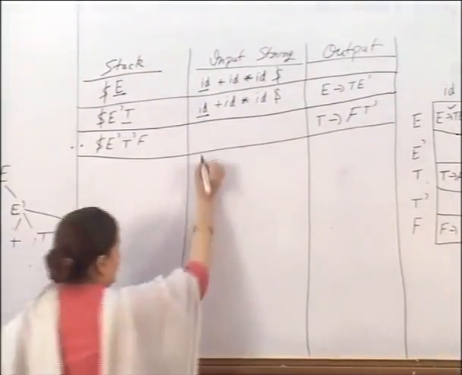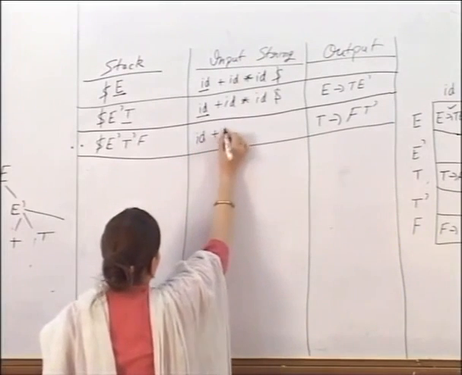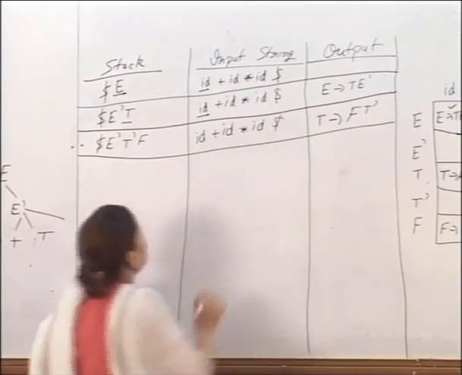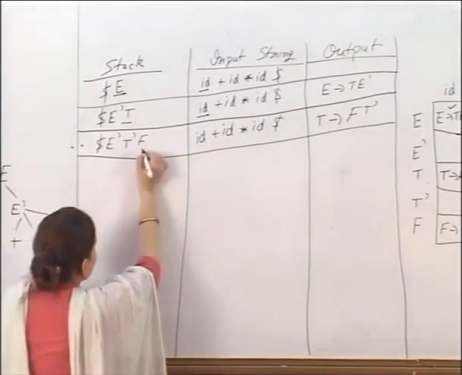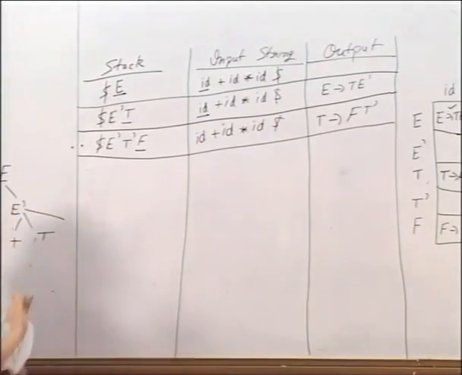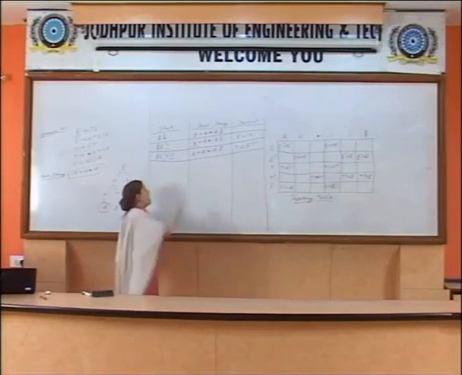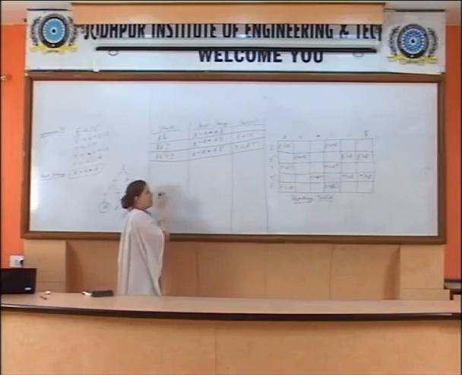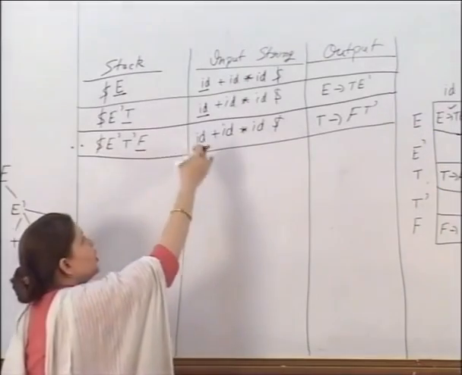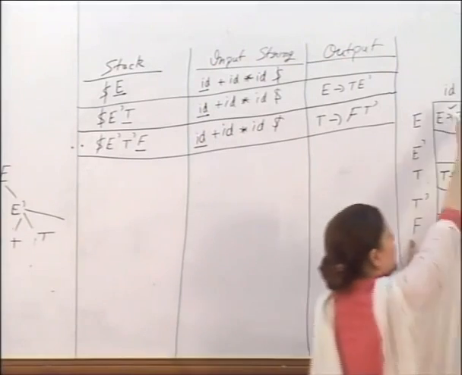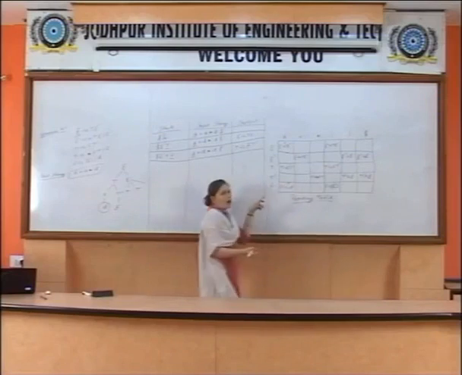Now again apply the same rule: the value at the top of the stack is either a terminal or a non-terminal. It is a non-terminal symbol, that is capital F. Check the production for this input character, that is ID. F to ID. We have a production F to ID.